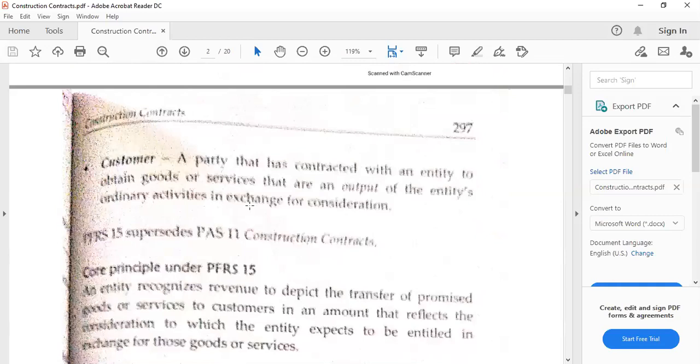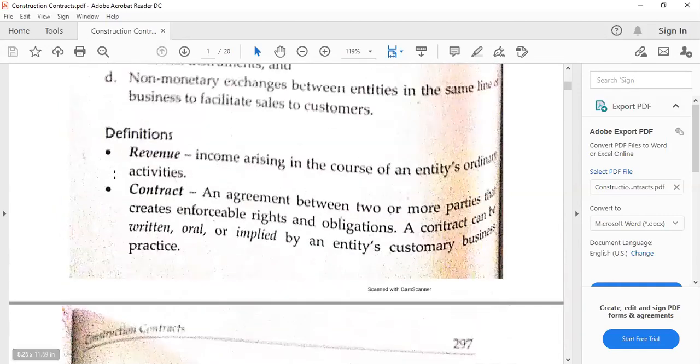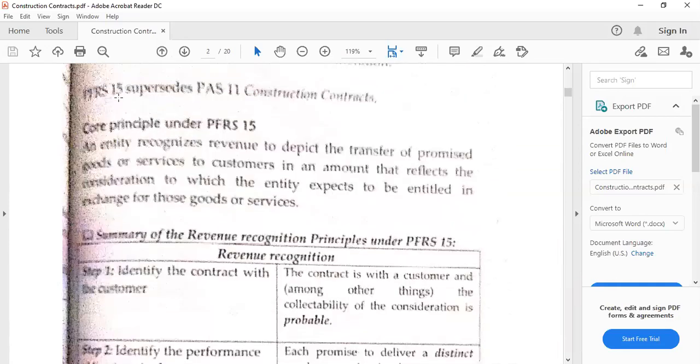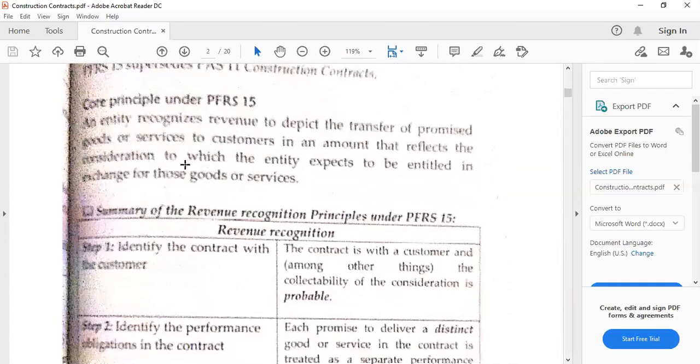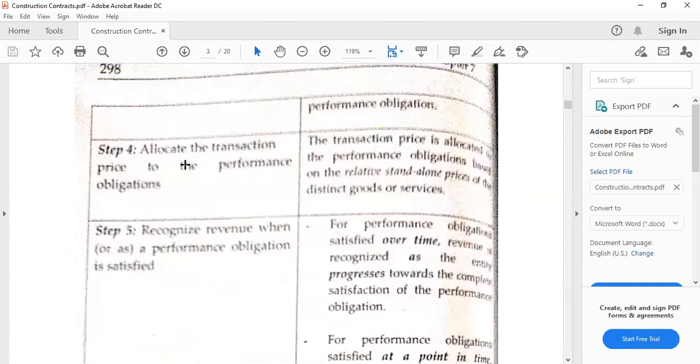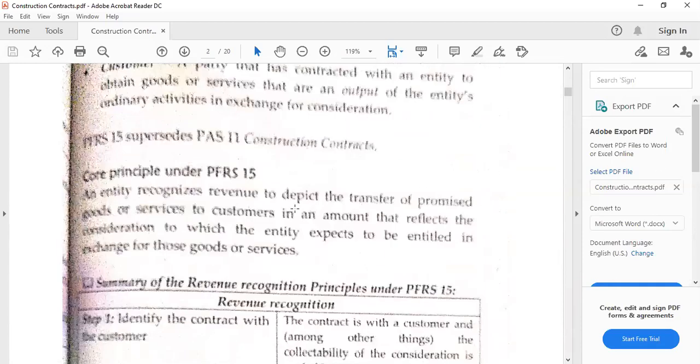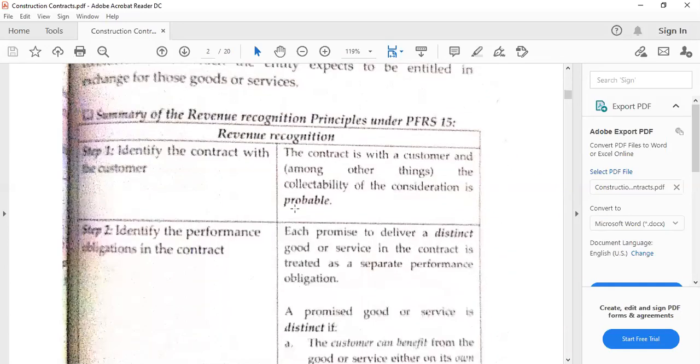All right, so definitions, actually, these are already being tackled in PFRS 15, so I will not go with that anymore. Then again, PFRS 15 supersedes PAS 11. Now, these five steps of the new revenue recognition model have been discussed already, but allow me to go over them again so as to refresh our minds with the revenue recognition principles under PFRS 15.